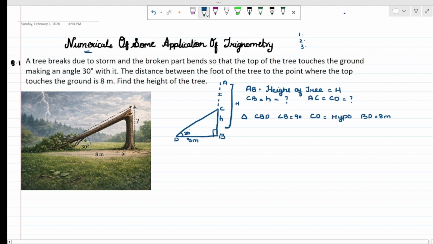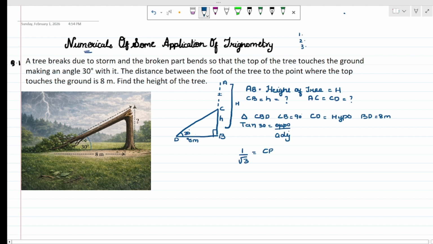Now, which trigonometric ratio should I apply over here so that I will get my value of H? Opposite upon adjacent? Yes, for sure. So go for tan. So write over here tan 30 equals to opposite upon adjacent. Okay. So the value of tan 30, as we learned earlier, it's 1 upon under root 3. So right over here 1 upon under root 3 will be equals to, what is my opposite side?